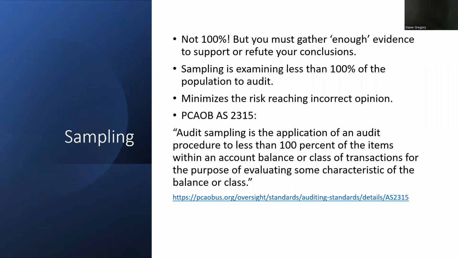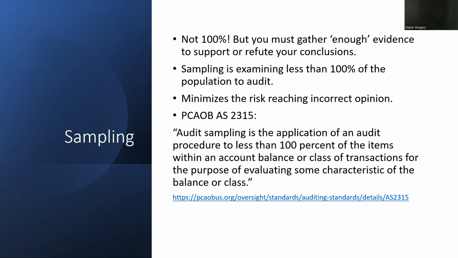Now, remember, an audit is not a 100% review of everything. We have to sometimes remind management and companies that that is not our role. We are not giving 100% guarantees of the position of their financial statements, but you must gather enough evidence to support or refute your opinion and or conclusions.